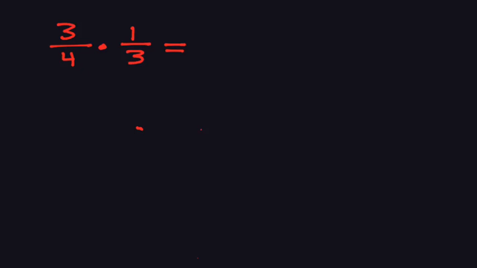So let's multiply the numerators together. The numerators are 3 and 1. 3 times 1 is 3. So 3 is going to be the numerator, the top number of our answer.